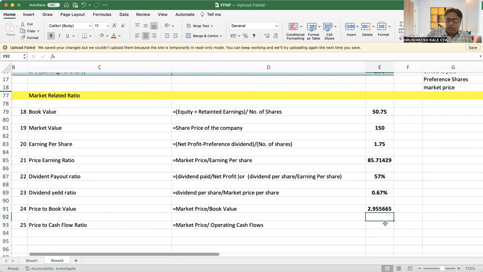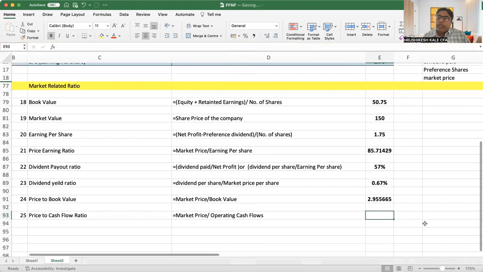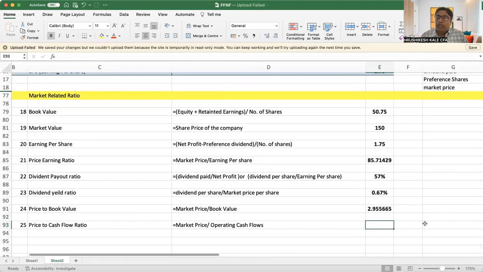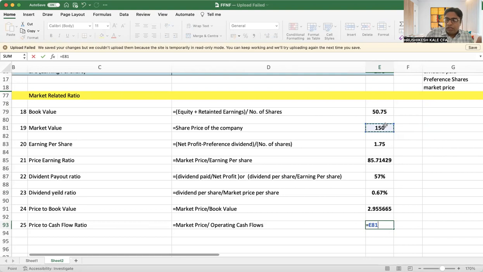The last one is price to cash flow ratio. Now, I do not have cash flow ratios right now. Cash flow figures you will get from the cash flow statement. Operating cash flows generally we take. But the ratio speaks about the market price of the company, which is 150, divided by the cash from operations.